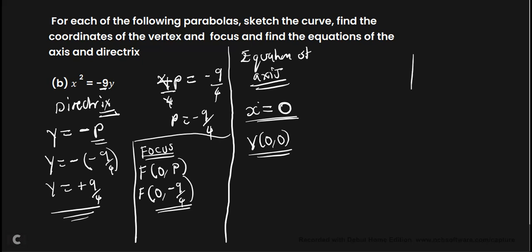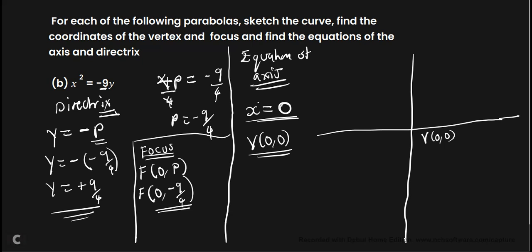Now let's draw a graph. What is your vertex? It's 0, 0. That's your vertex, right? Then the next thing is draw your focus. What's your focus? It's 0, negative 9 over 4.